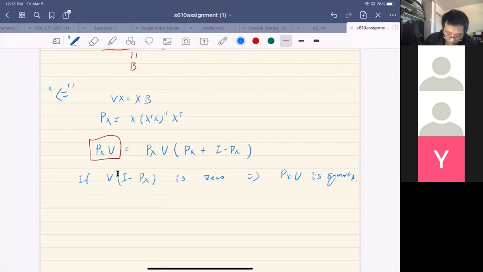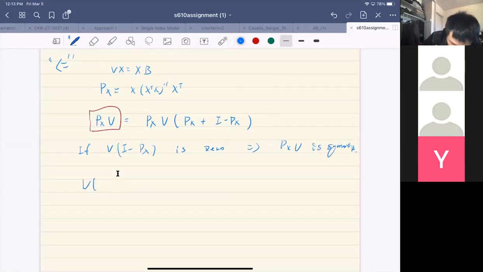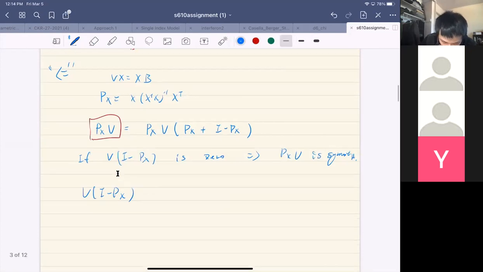So that's V minus Px. Like this. So is this 0? And then this is equal to x.